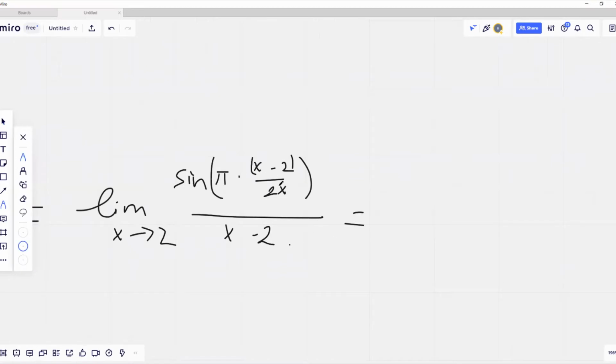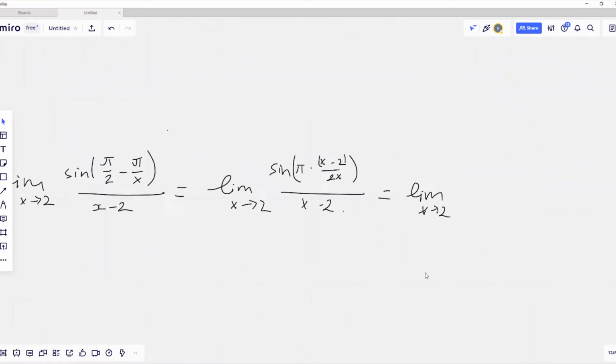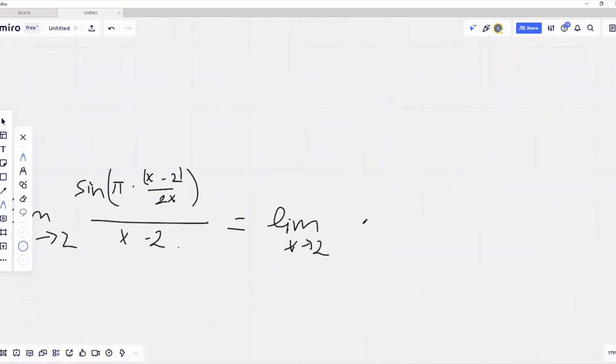So the angle that we have here should appear in the denominator. Let's try to artificially bring this into this form we have here. So we have a limit when x is approaching 2 of sine of pi times x minus 2 over 2x.